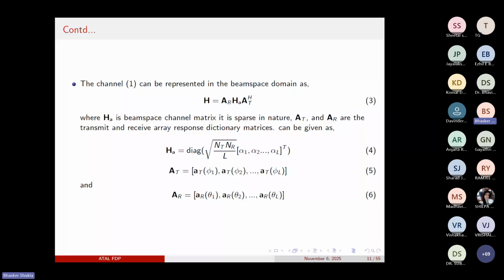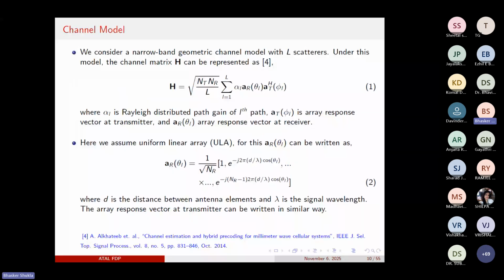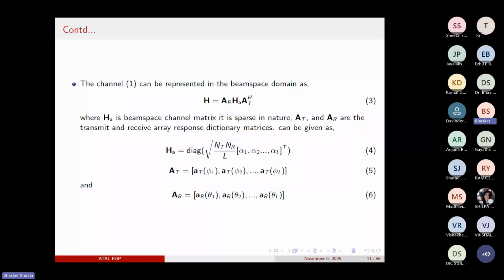So this channel model, the geometric channel model, can be represented in the beam space domain by equation 3, where AT is the transmit array response dictionary matrix, and AR is the receive array response dictionary matrix, formed with the help of the array response vectors at the transmitter side and the receiver side.